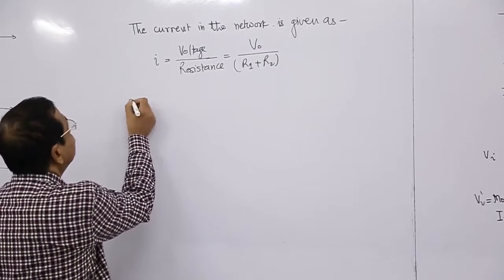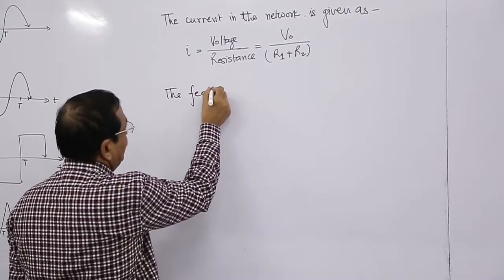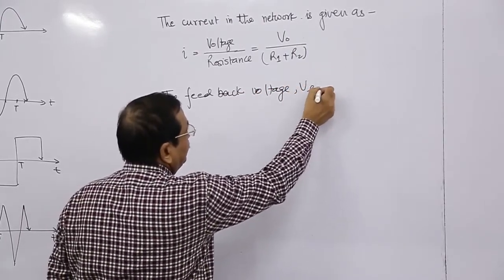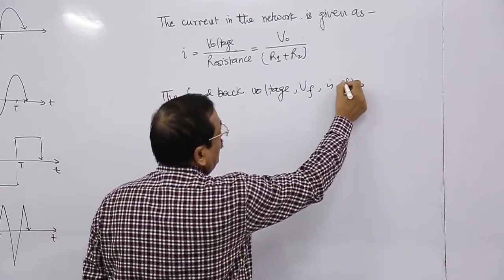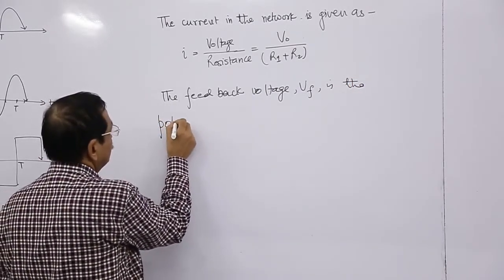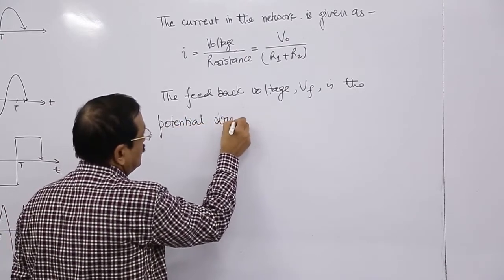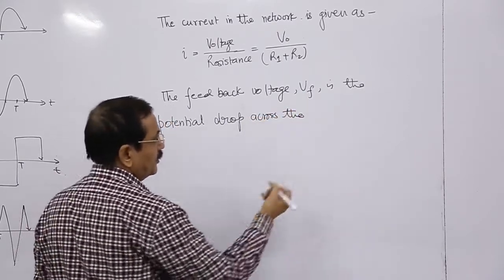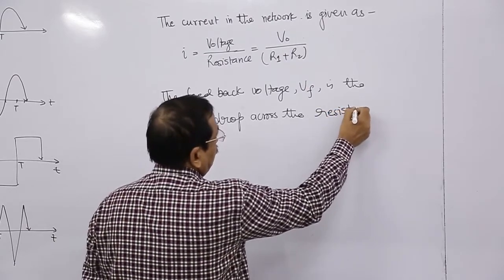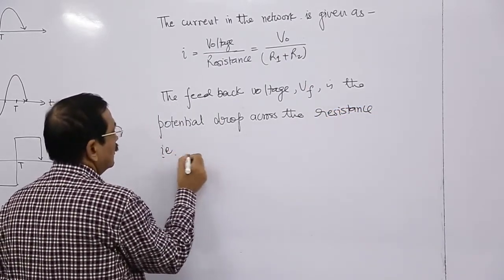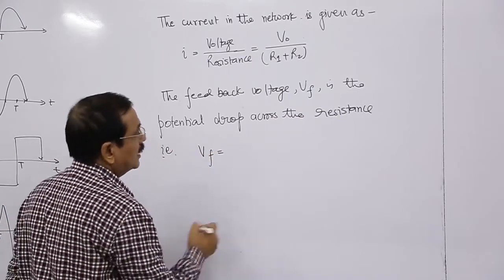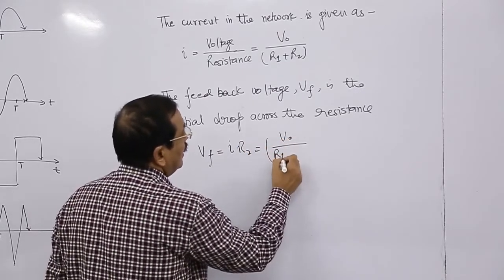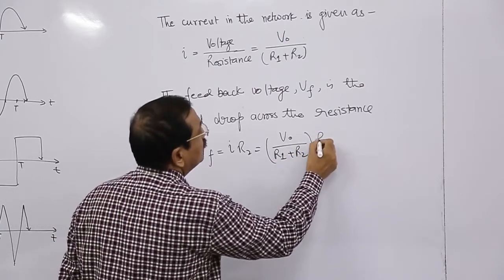The feedback voltage, that is Vf, is the potential drop across the resistance R2, that is Vf is equal to I into R2. I is V0 upon R1 plus R2, into R2.